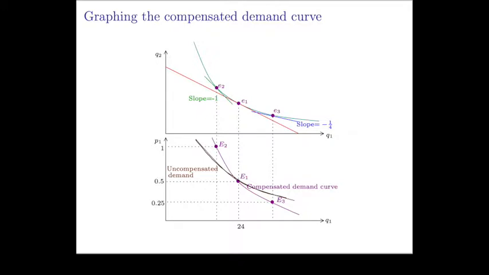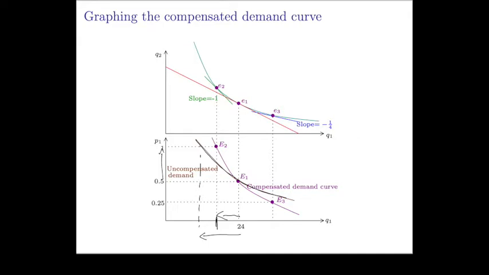In other words, the uncompensated demand is going to respond to price even more than the compensated demand. So if we go from the price 1/2 to 1, the compensated demand only decreases from 24 to this point, whereas uncompensated demand is going to decrease all the way to here.